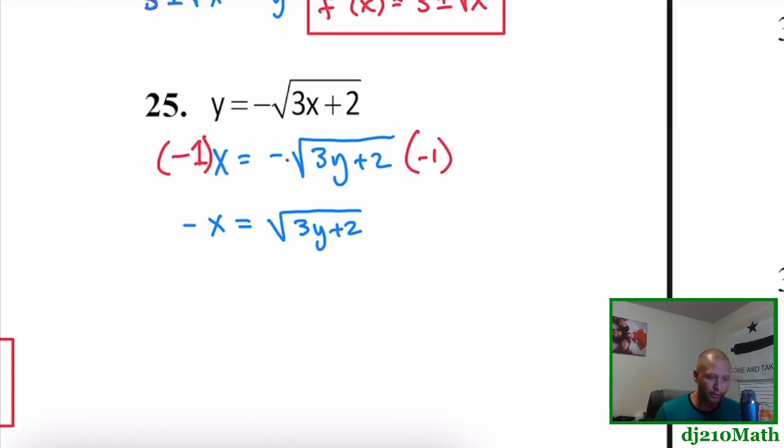So now to undo the square root, we have to square both sides. And look what happens. On the right-hand side, the square root goes away. 3y plus 2. On the left-hand side, negative x squared. Well, negative x times negative x, because that's what it means to square, right?